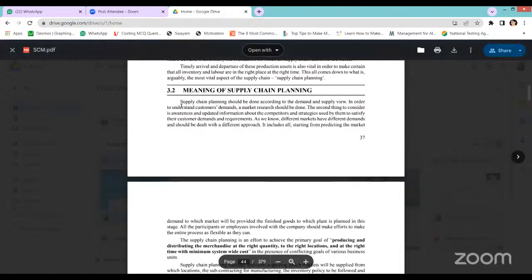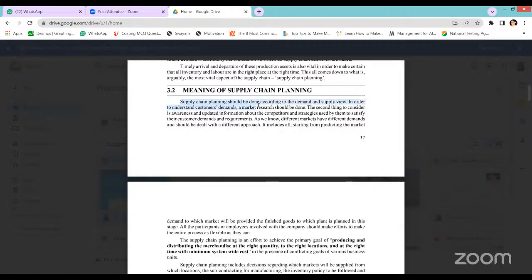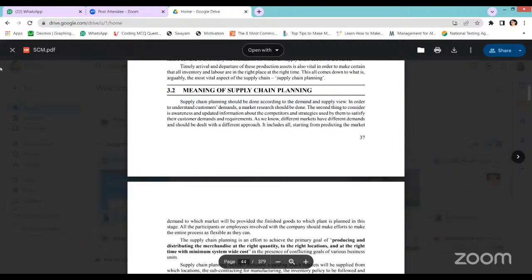See here, meaning of supply chain planning. Supply chain planning should be done according to the demand and supply view. We come across planning in the management subject also.